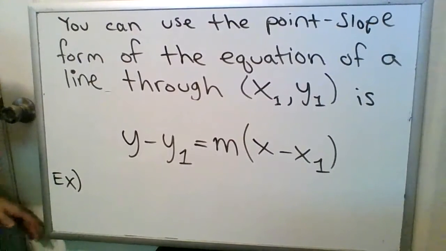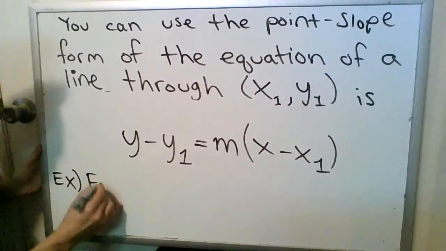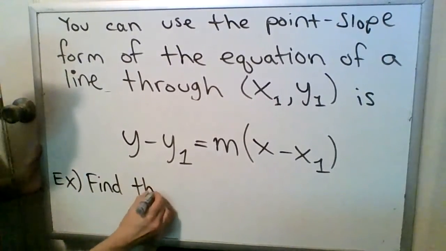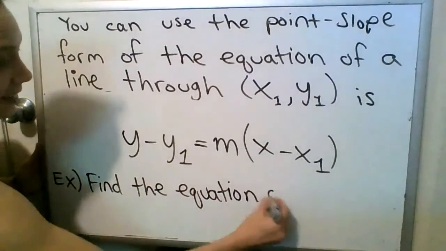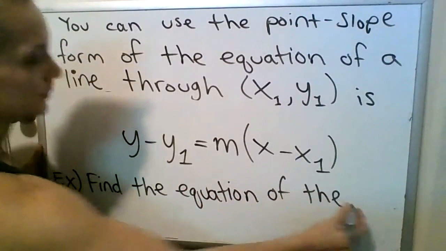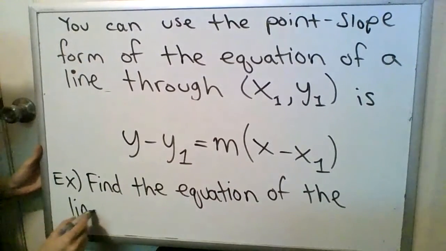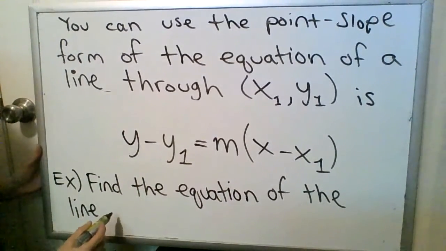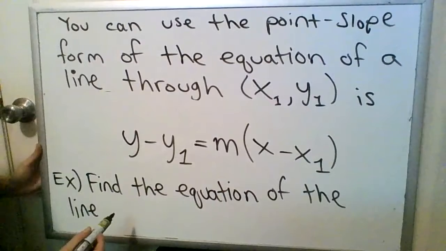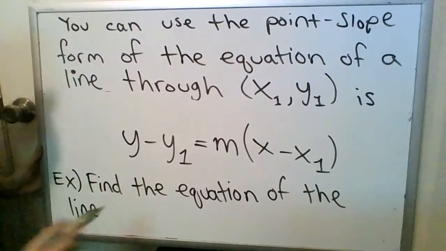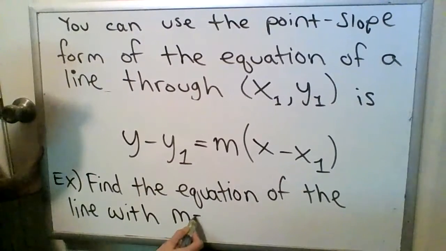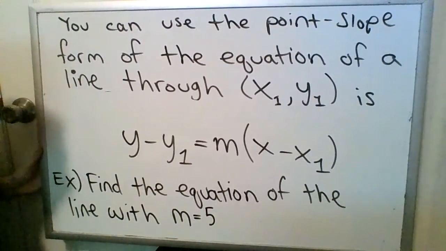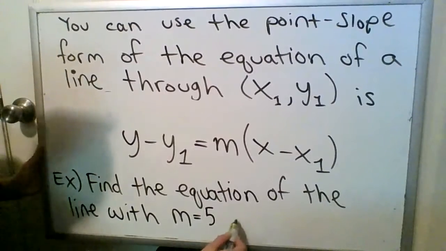Find the equation of the line with slope m equal to 5, and goes through the point 9, negative 3.